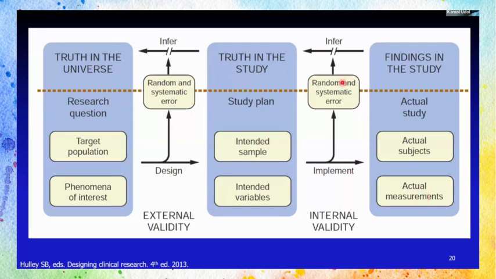There might be some error occurring in this process. And if we have error in this process, then when we make inference from findings in the sample back to the population, it will not represent the truth.